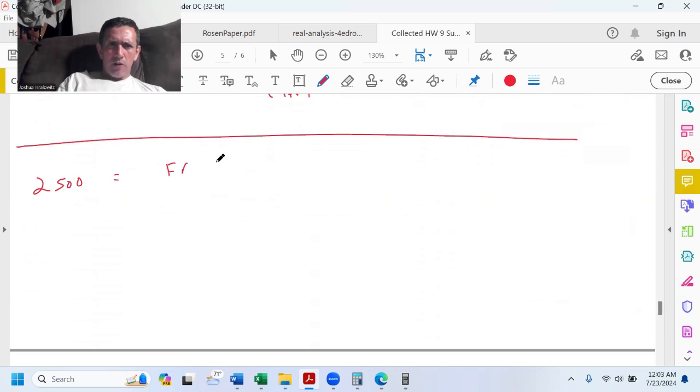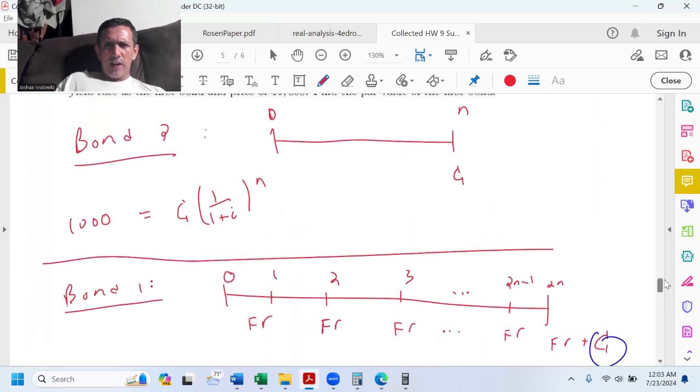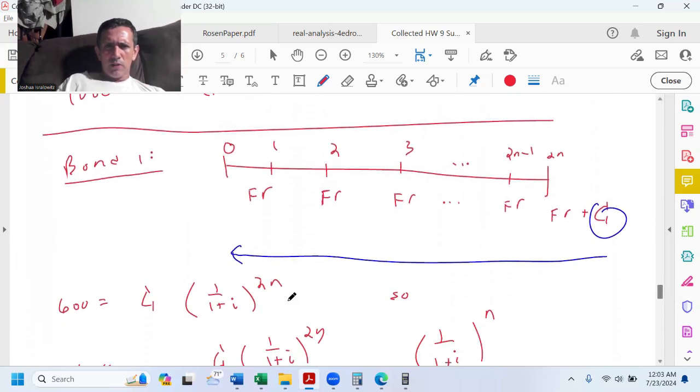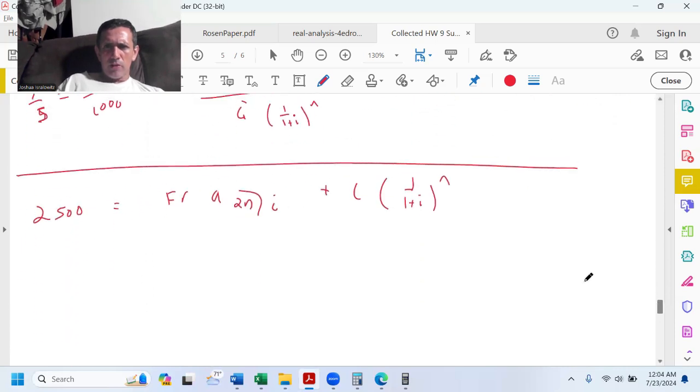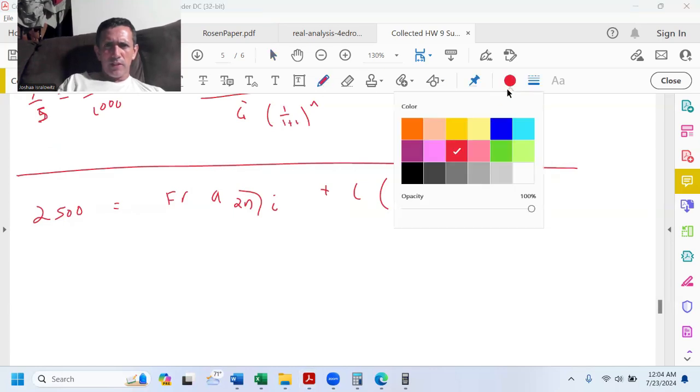So it's F r a angle 2n at whatever the yield rate is. We don't know, we don't care. So technically it would be C over 1 plus i to the n, but that is the present value of the redemption here. That n, I meant 2n. But you're given that this is 600. So why not just write it as 600 in the first place? It is a little silly to write this, because this is 600.